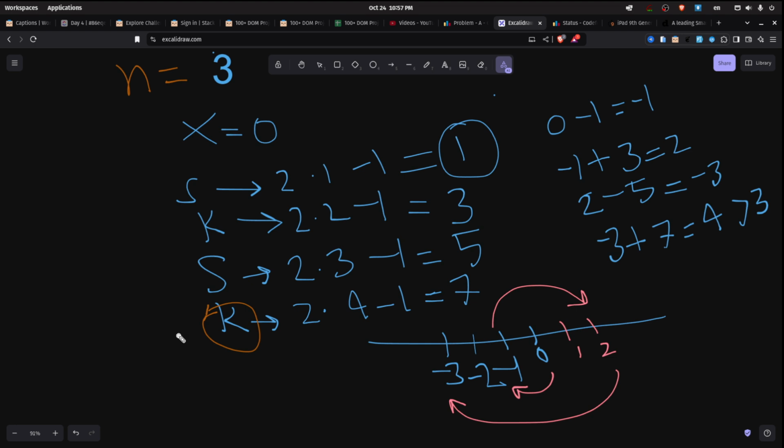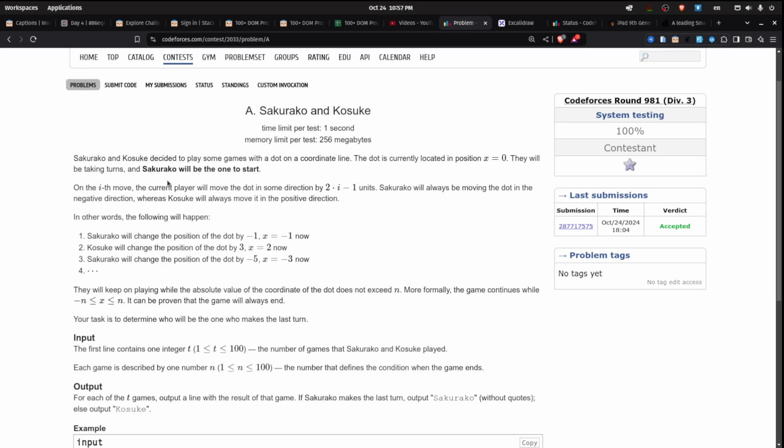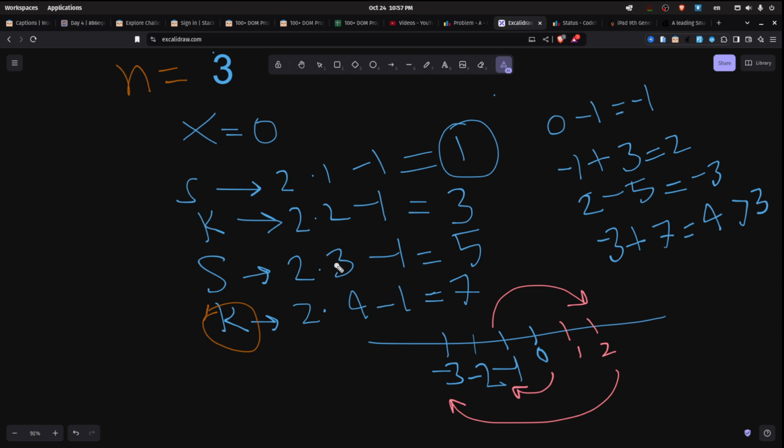So in the fourth iteration, this is the turn of Kosuke. I forget the name again and again. Yeah, Kosuke. So the answer is 7. Here the answer is 7, and the previous position is minus 3. So minus 3 plus 7.